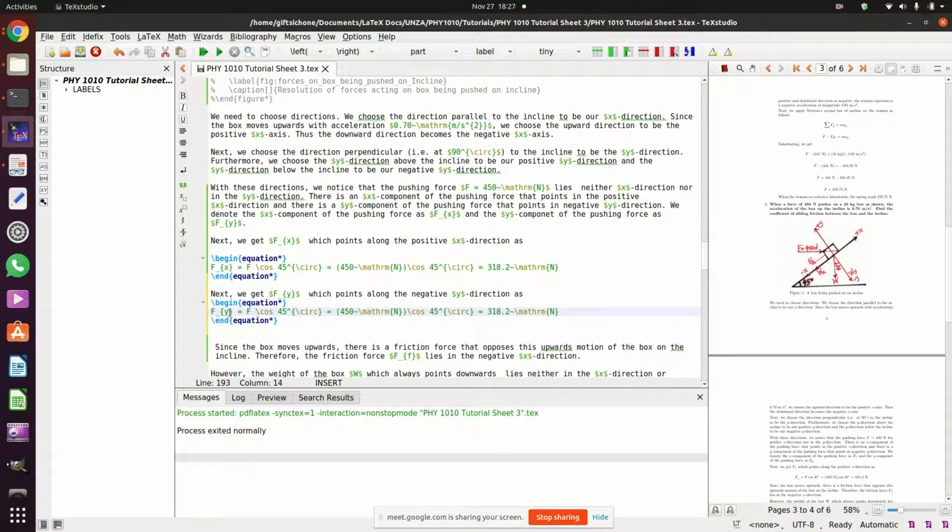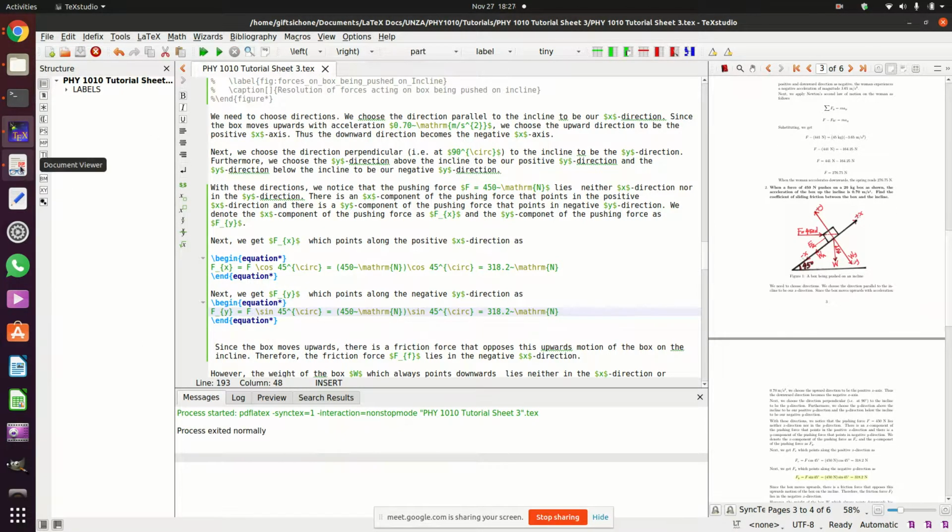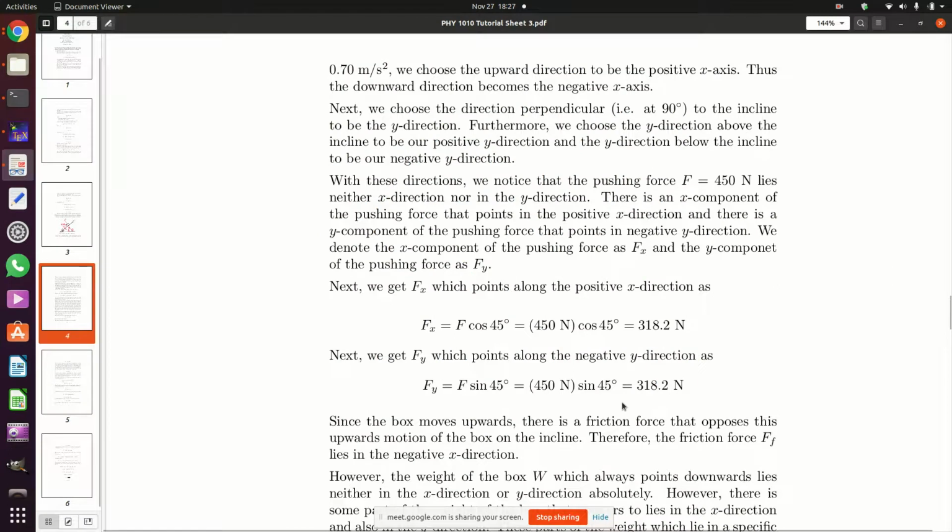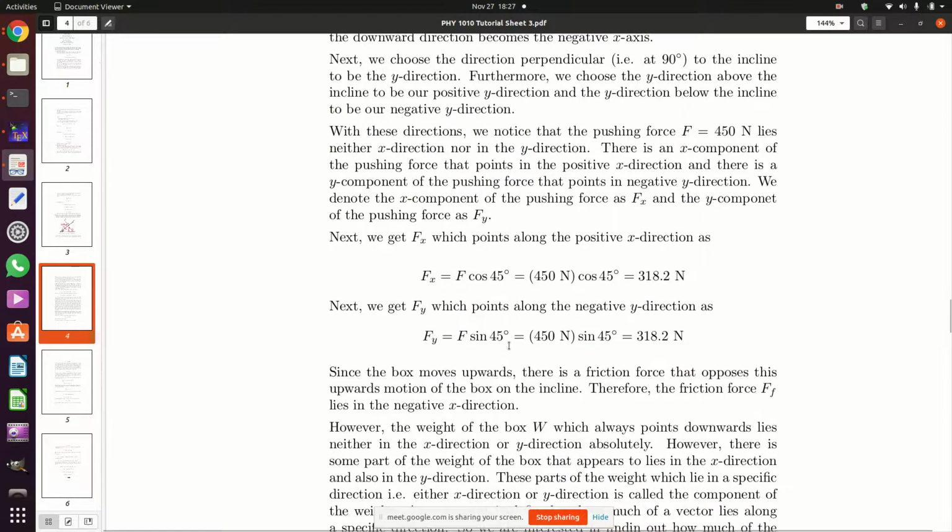This is going to be F sine 45, which again is going to be the same. Is that clear? Yes. Okay.